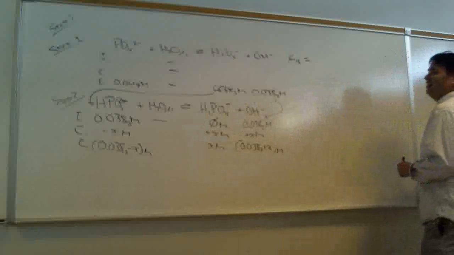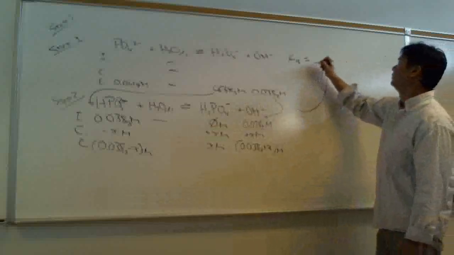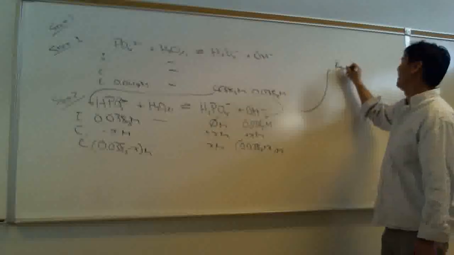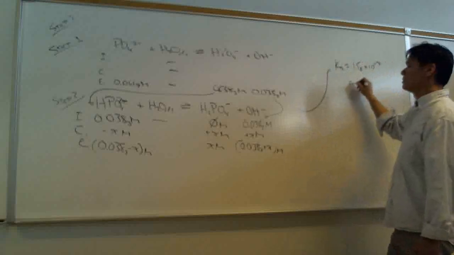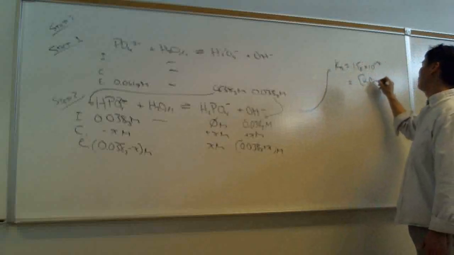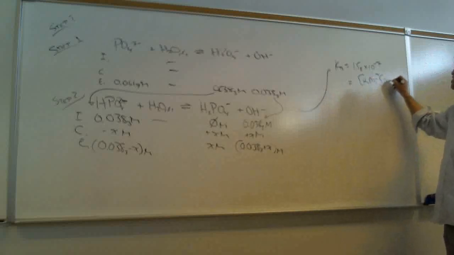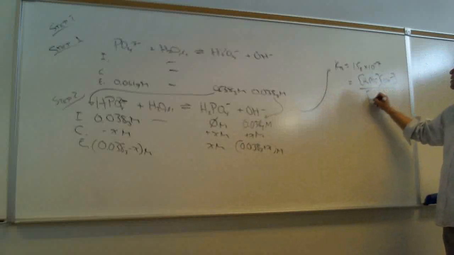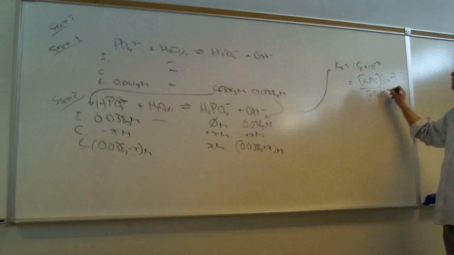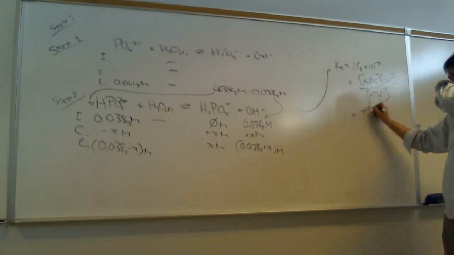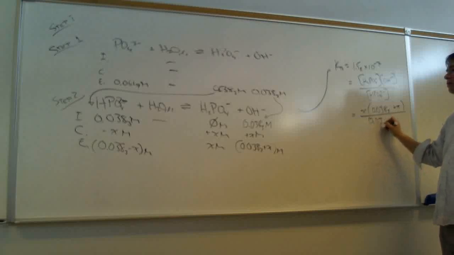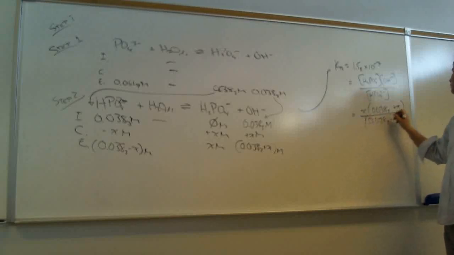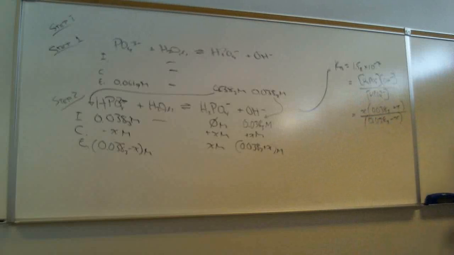We know our Kb value for this. Our Kb value was 1.58 times 10 to the minus 7, which is going to equal the H2PO4 minus times the hydroxide, divided by the HPO4 2 minus. So this is going to be X times 0.0383 plus X over 0.0383 minus X. So just a quadratic.